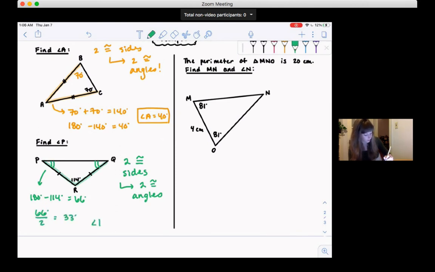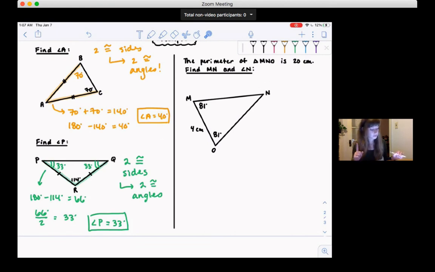So we find that angle P is 33 degrees. And angle Q is also 33. We weren't asked to find that, but we can know that as well. So again, we used isosceles triangles to figure out that these two angles would be the same as each other, and then we used triangle sum to figure out what their number of degrees is.